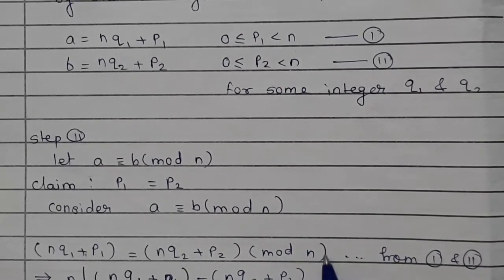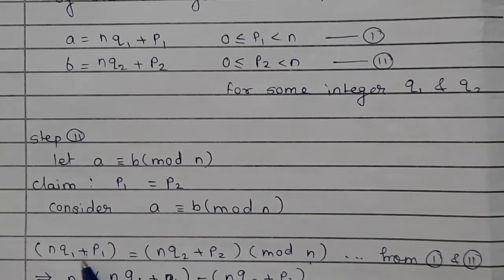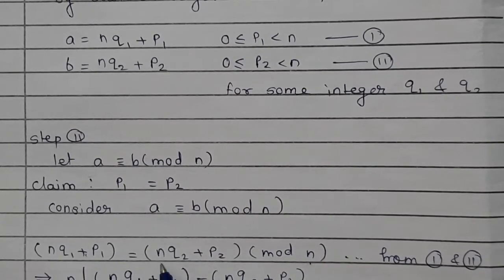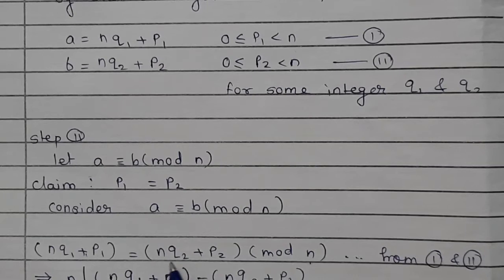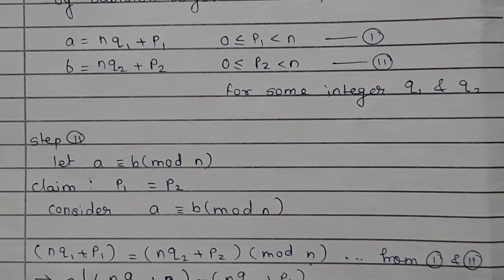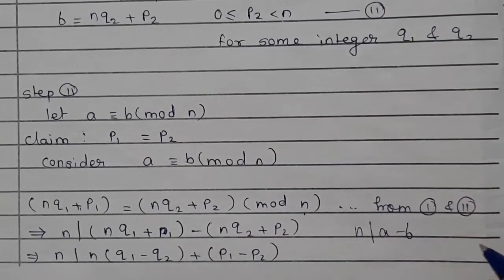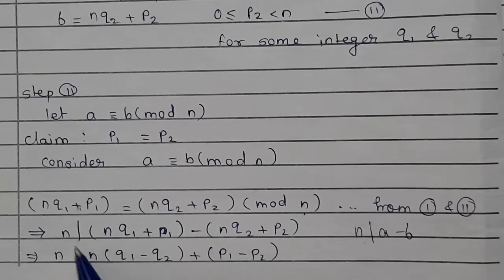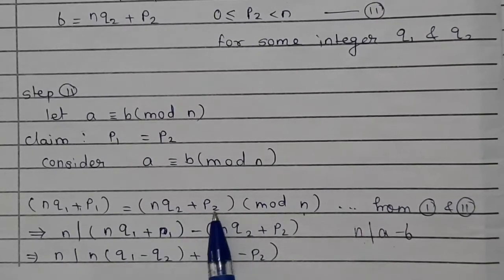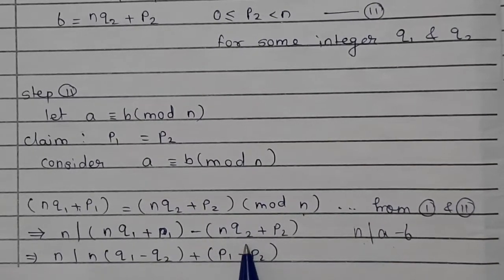Now n divides nq1 plus p1 minus nq2 plus p2. How do we write this? n divides a minus b. This is how we write it. So this is our a and this is b, so we write a minus b.